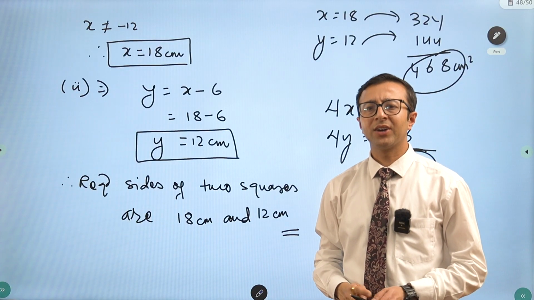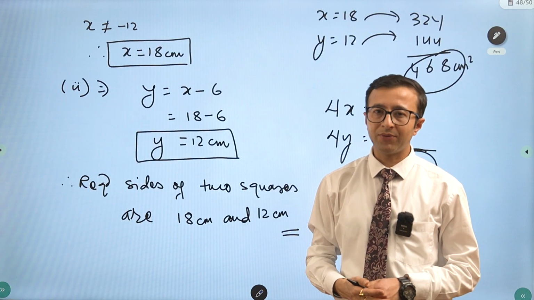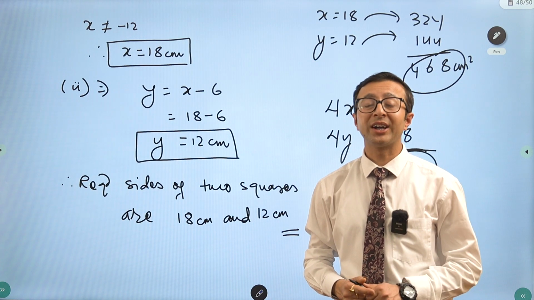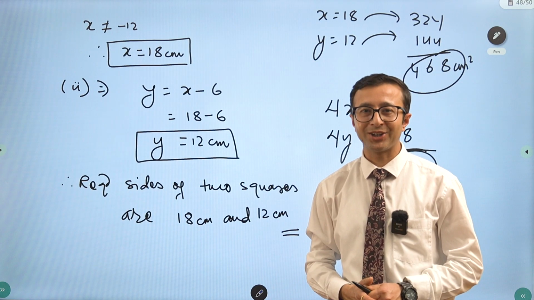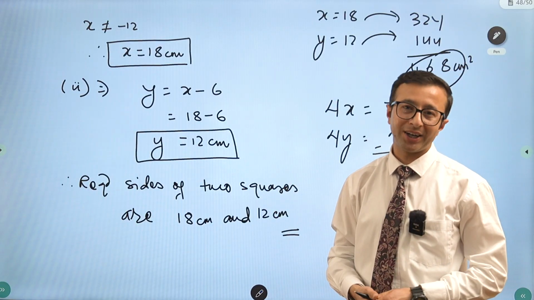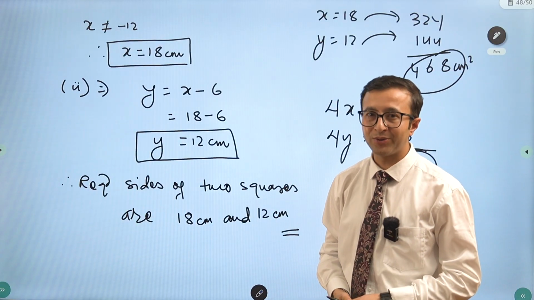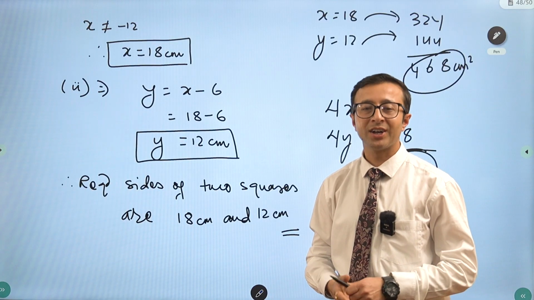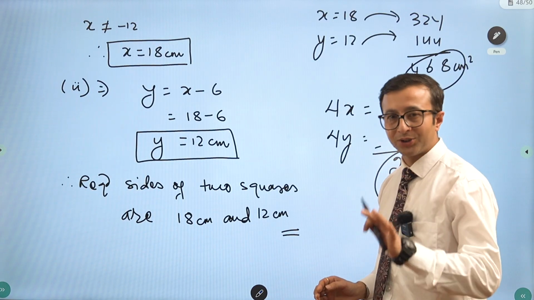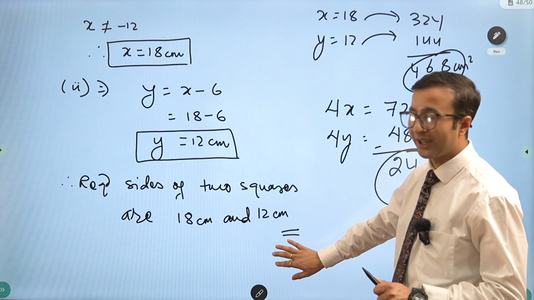With this method, you can verify whether the solution that you have obtained is correct or not. But you are not going to get that much time in the board examination to solve and verify whether your answer is correct or not, because within 3 hours you have to solve 80 marks of questions, and the total number of questions will be 38, which you have already gone through in the sample paper.